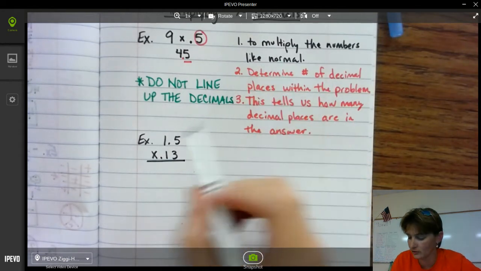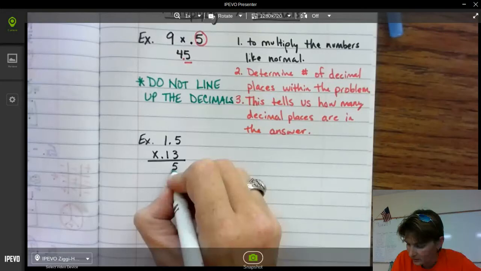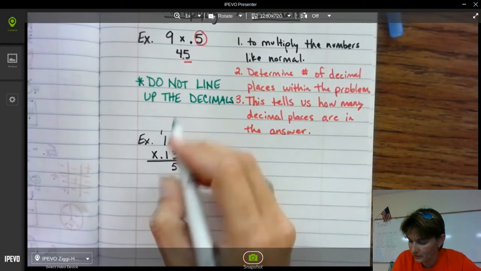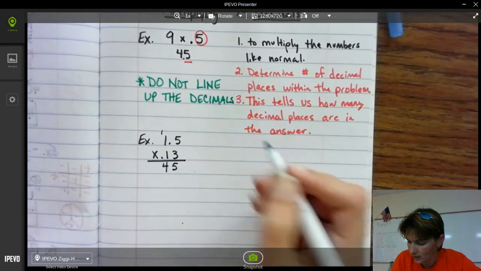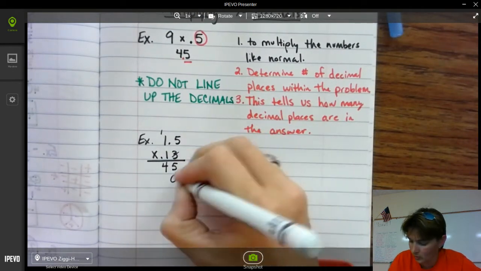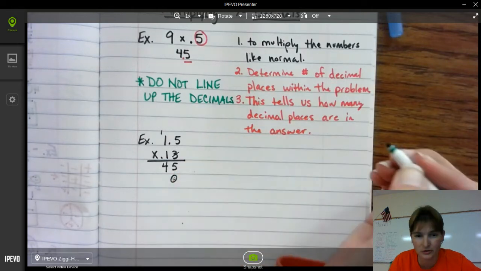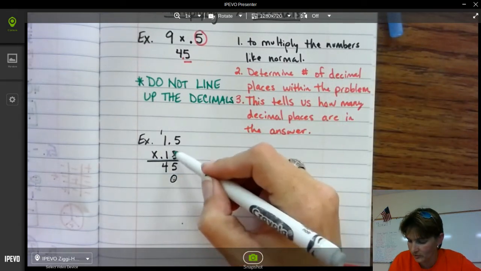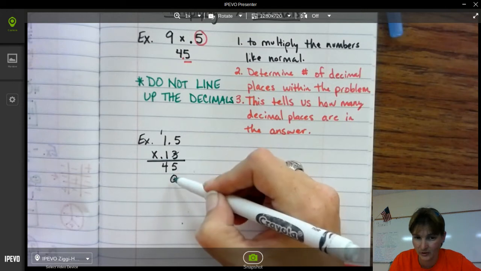So 3 times 5 is 15. We carry the 1. 3 times 1 is 3, plus the 1 is 4. We've used the 3, so I need a placeholder value, or what I know some teachers call Oscar. I've heard turtles. We've used that place, so we're filling it up.